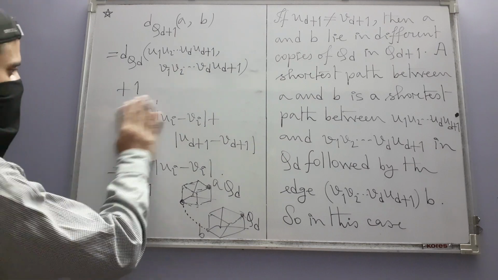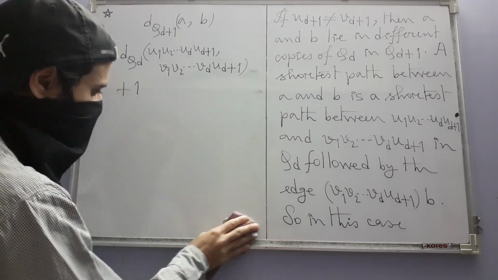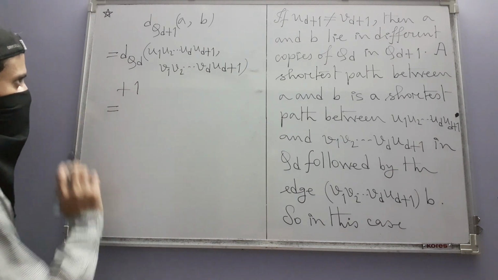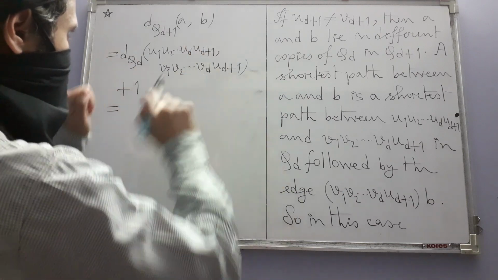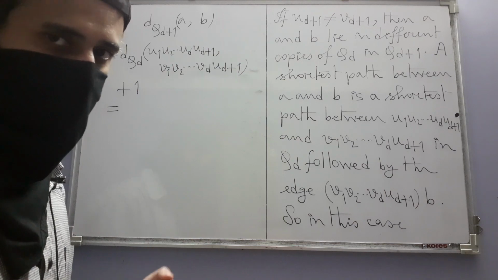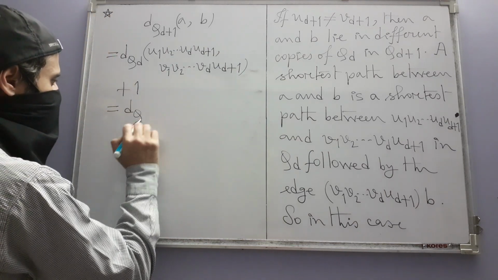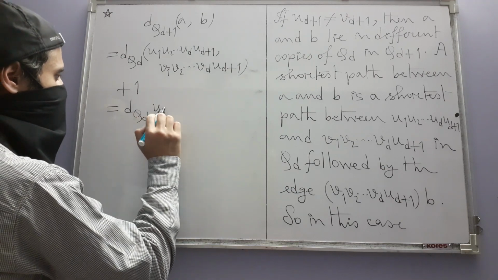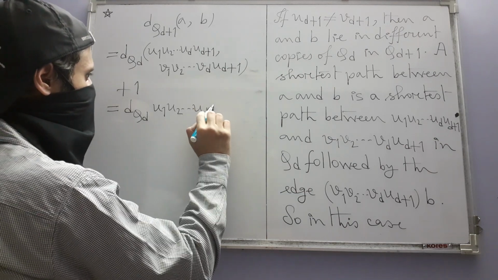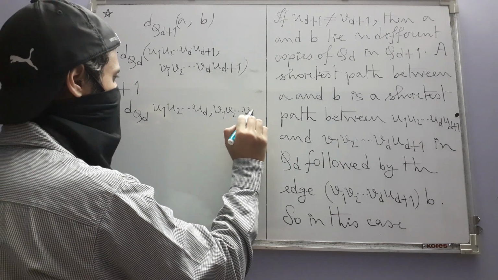Let us now see what is coming out of this. Now in calculating this distance, we can use again that fact that qd is an induced subgraph in qd plus 1. So that's why this distance is just the distance between this and vd.